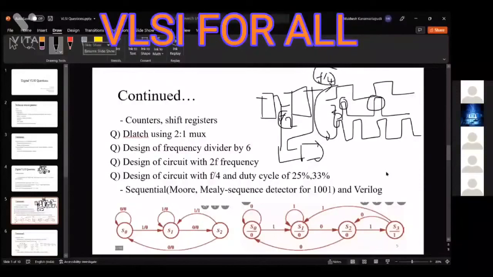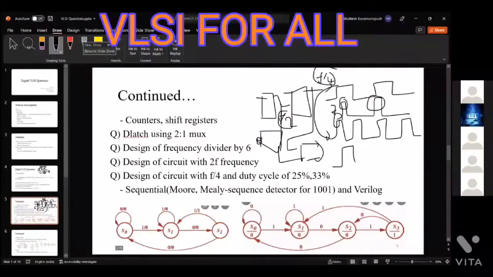Sir, 33%? For 33%, I think you need some other additional circuit. I think there should be something like an XNOR gate or an inverter. XNOR gate or inverter, both will be useful.